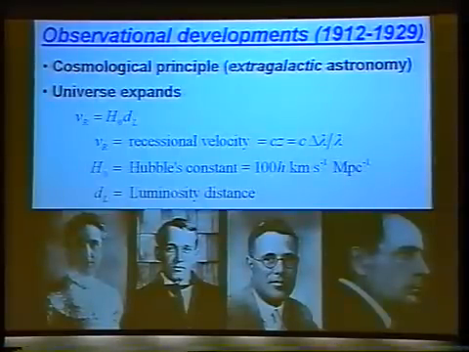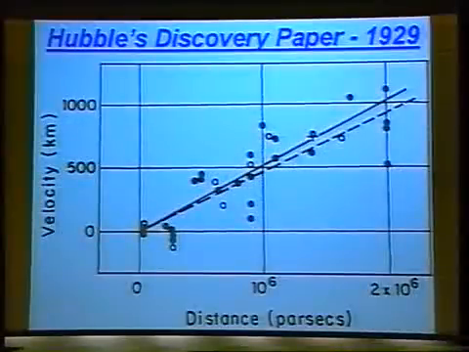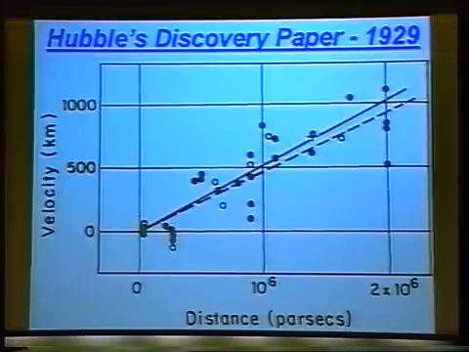So let's look at Hubble's discovery paper in 1929. This is the data that was published by Hubble in 1929, and you can see the obvious fact that the velocity of the galaxies is perfectly well fit by a linear relationship with distance.